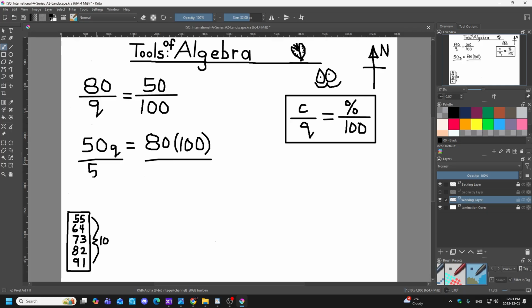All right. And divided by 50. Okay? So essentially we're canceling the 50s on the left-hand side. Realistically, guys and gals, all we're doing is moving. It's a multiplication here. What's the opposite of multiply? It's divide.